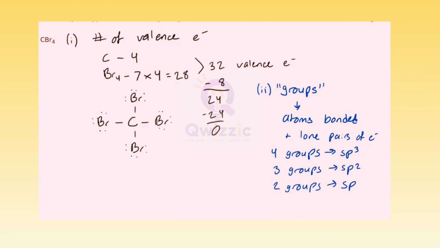So now let's talk about our carbon in the center. Carbon has 4 atoms bonded to it and 0 lone pairs. So 4 plus 0 means that we have 4 groups attached to our carbon atom in the center, which, according to the discussion we just had, is going to indicate sp3 hybridization.